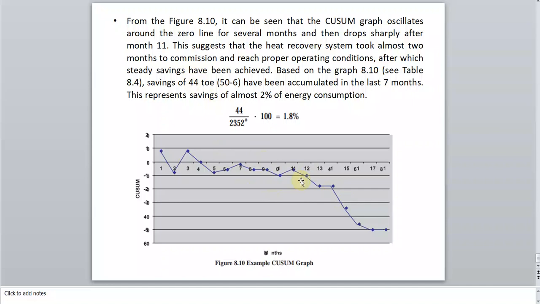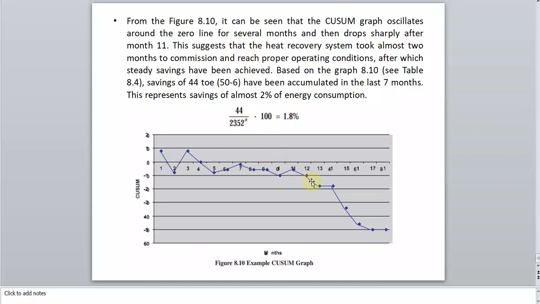Okay, so after 2 months of operation of heat recovery system, we are getting the results. That is, the results are the declining of the energy consumption from the month of 11. Okay, now this suggests that the heat recovery system took almost 2 months to commission and to reach proper operating conditions.